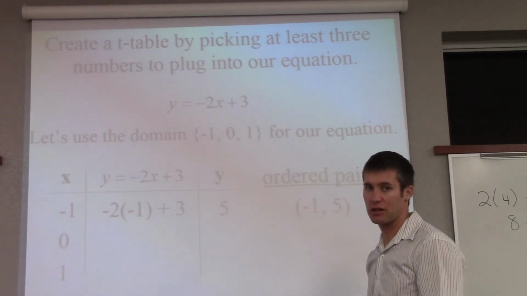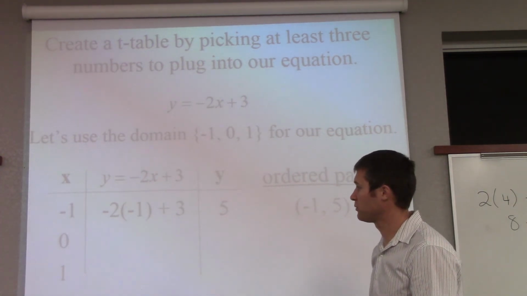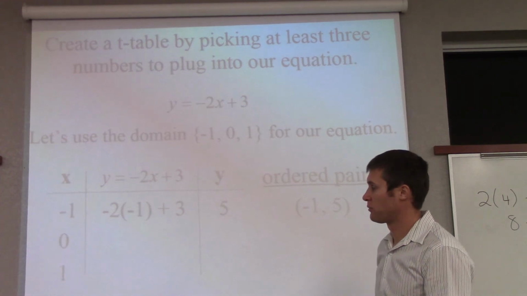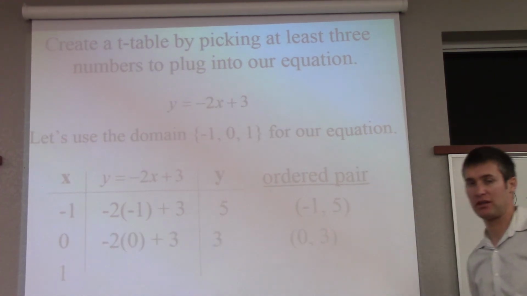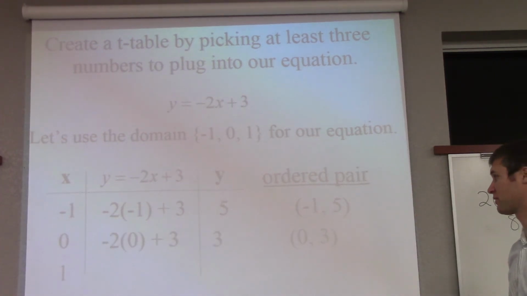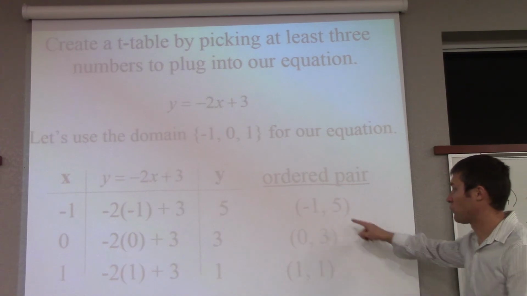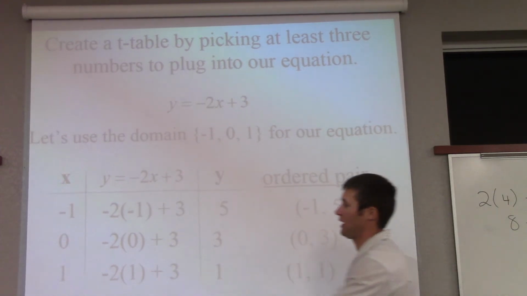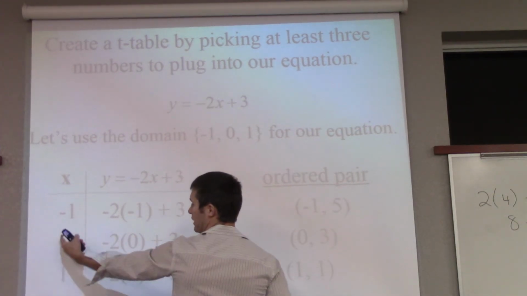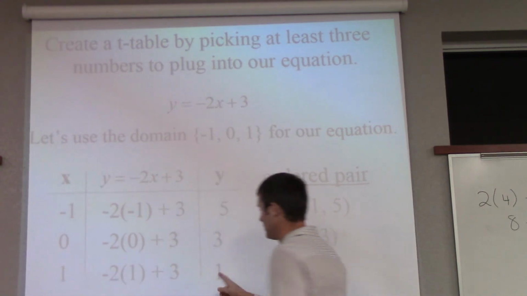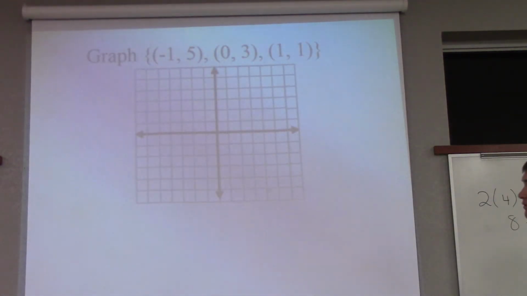Negative 2 times negative 1 is 2. 2 plus 3 is 5. Plug in 0. Negative 2 times 0 is 0. Plus 3 is 3. Then negative 2 times 1 is negative 2. Plus 3 is 1. So I have these ordered pairs: negative 1, 5, my x value, my y value; 0, 3; 1, 1.